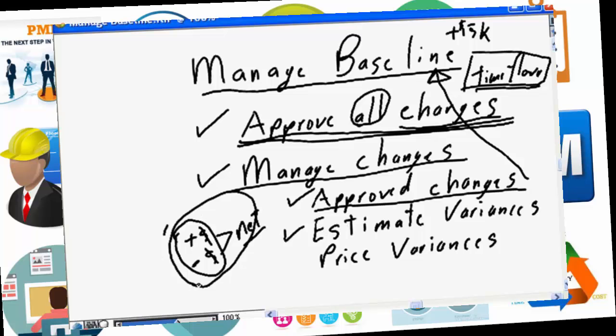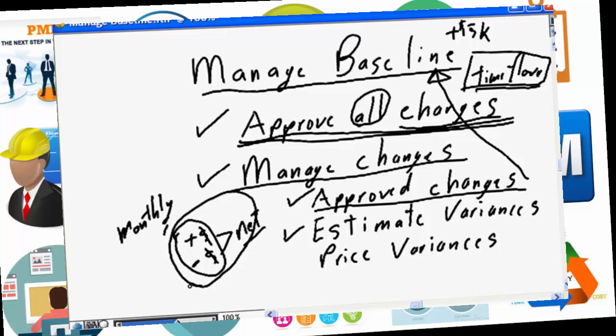appropriate period of time, not on a daily basis, too often, too micromanagement, probably not on a weekly basis, potentially on a monthly basis, depending on the length of your project. If it's a relatively short project, monthly may be appropriate.